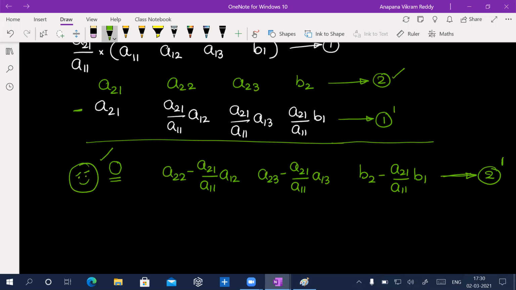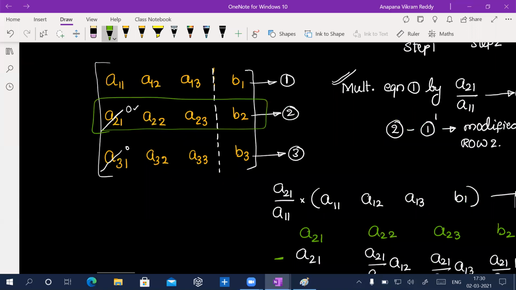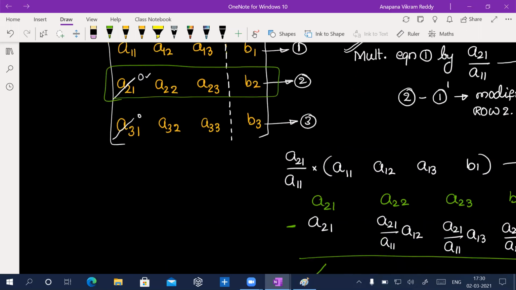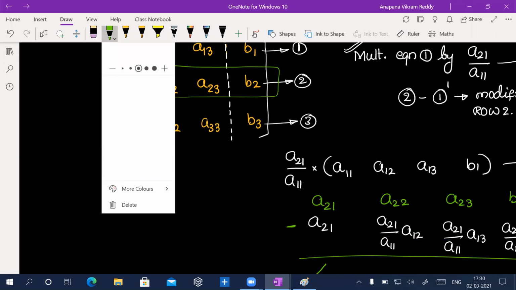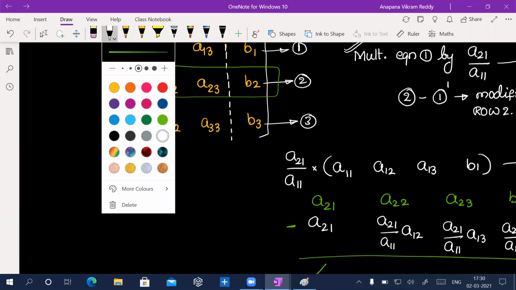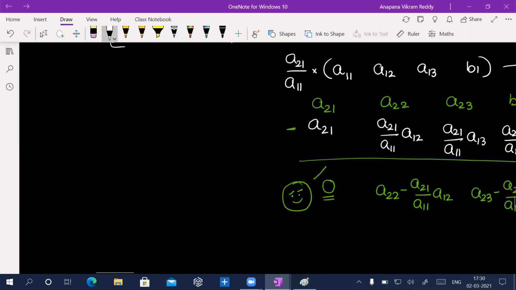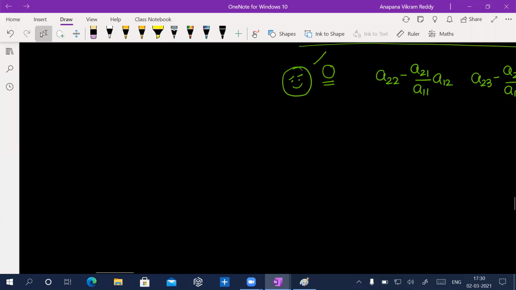Now on the same grounds, I would like to make this a31 as 0 again. So how do I make it 0? How do we make this a31 as 0? Again, I take the ratio a31 by A11.